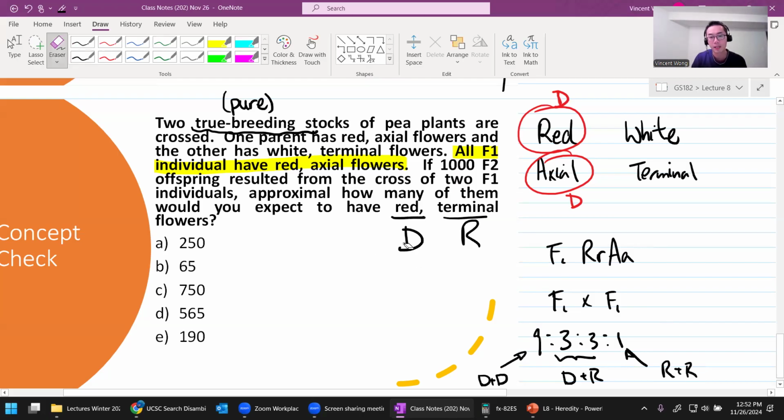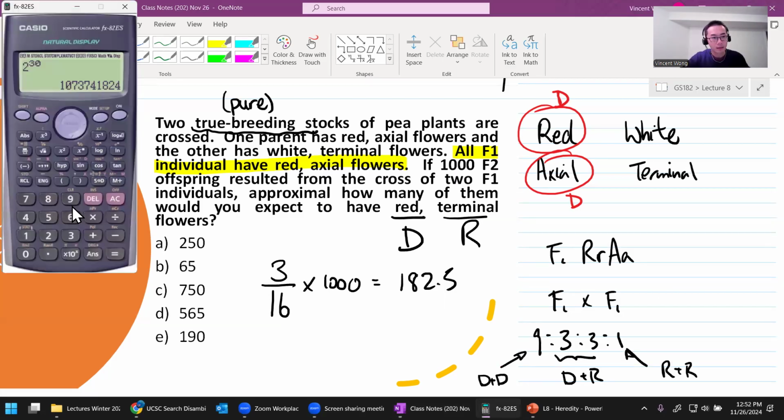So if we're looking for dominant combined with recessive, the ratio would be the number 3. And if you express that as a fraction, it's 3/16 times 1,000. And that's going to be what, 180, I don't remember, 82.5 or something like that. Let me just plug that in here.